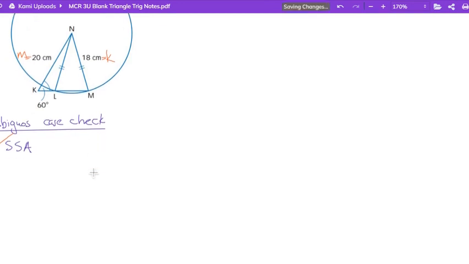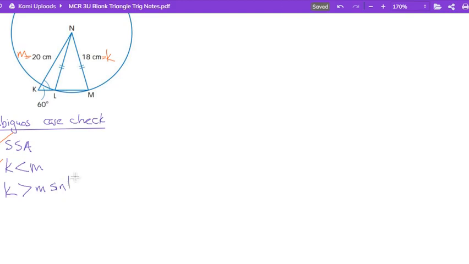And let's check, does it work? So the next check for ambiguous case is that K has to be less than M. Is it? Yes, it is. Then we had the other one, that K has to be greater than M sine which angle?